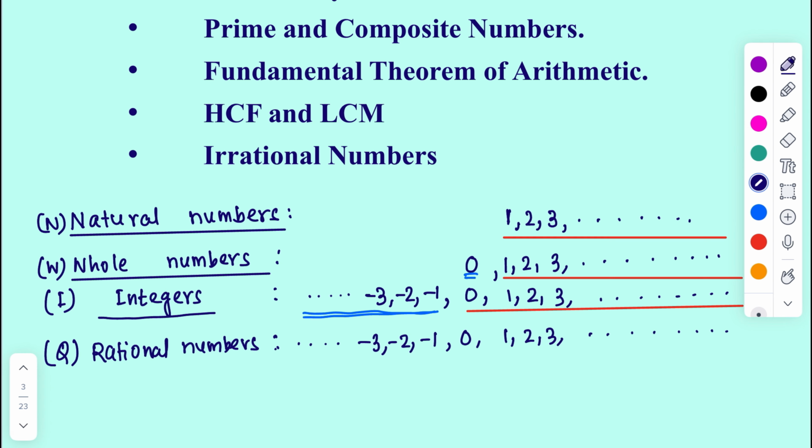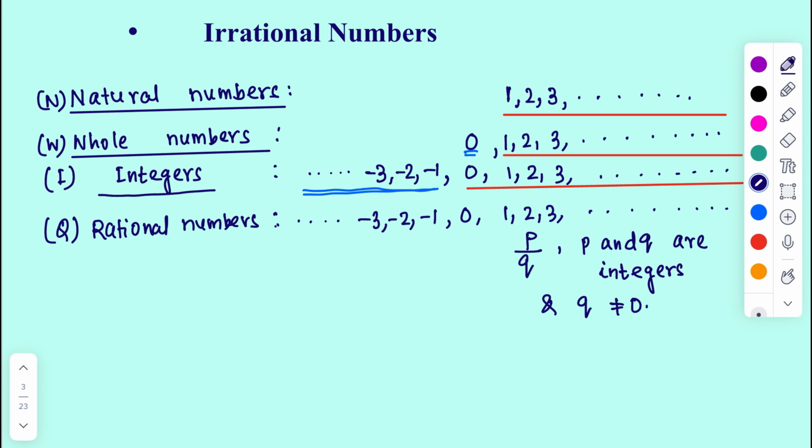Rational numbers are represented in the form p by q, where p and q are integers, and q is not equal to 0.